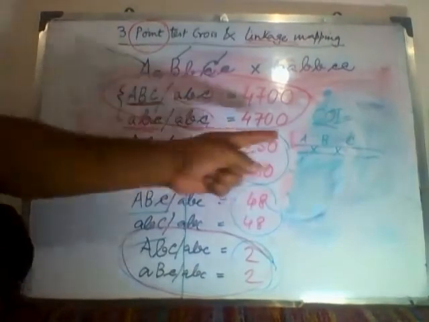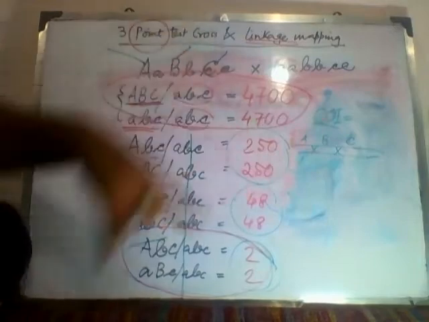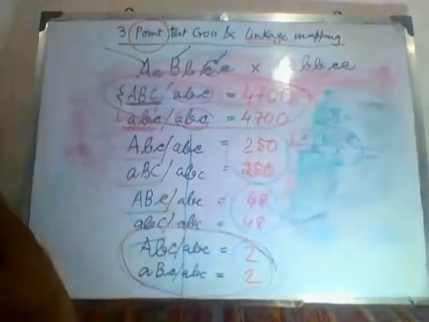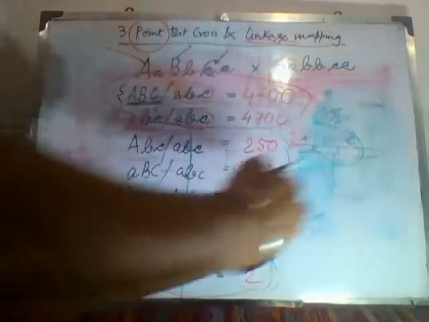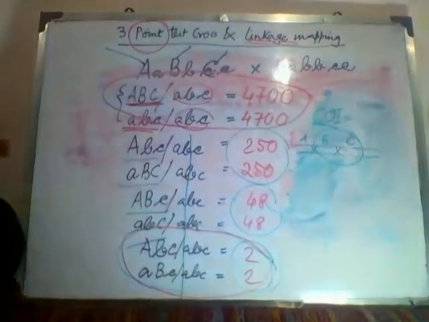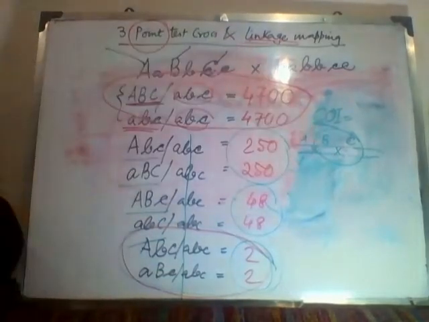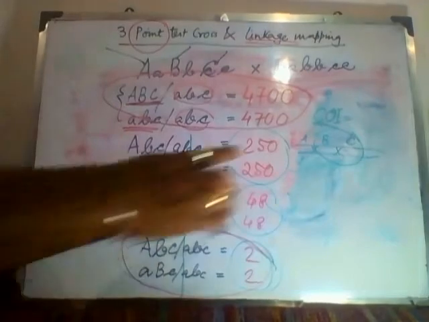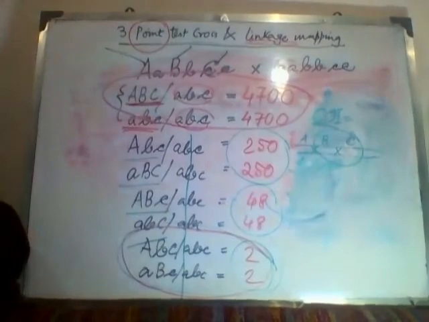So whenever there is a recombination between A and B, it will always try to prevent the recombination between B and C. This is simply due to the length of the chromosome, because it is involved in crossing over, so the next position is not always ready for recombination. This event is known as interference. So interference means how much one crossing over has inhibited the second crossing over, right?